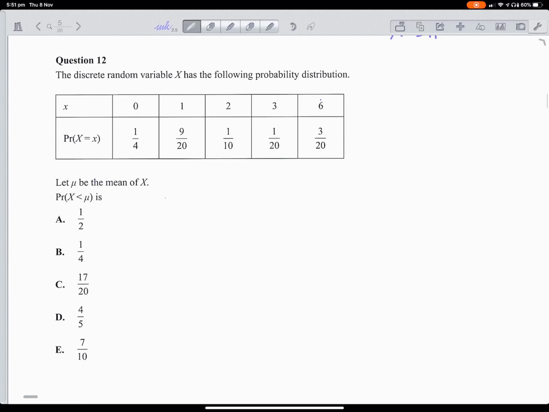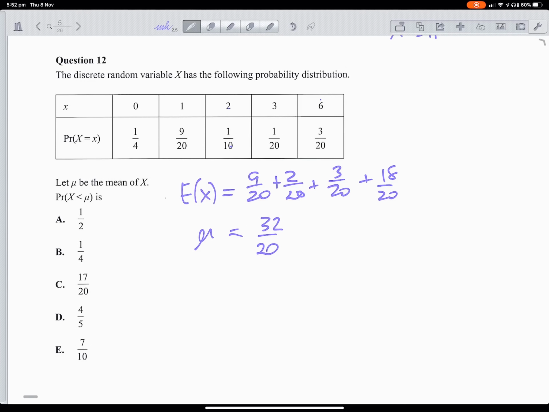Okay, discrete random variable x has a probability distribution. Let the mean of x be... so let's find the mean. E of x is 9 on 20 plus 2 on 10, 2 on 20, 3 on 20, 18 on 20. So what's that? 11, 14, 32 on 20.